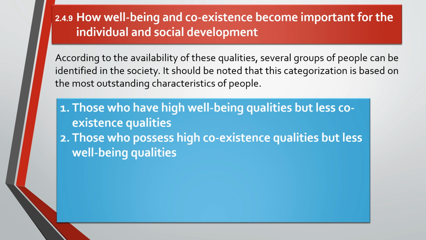And then the second category is those who possess high coexistence qualities but less well-being qualities. So what happens with these people? These people earn wealth through various legal and illegal means, but mostly lead a friendly life with neighbors and relatives, sharing their sorrows and happinesses.